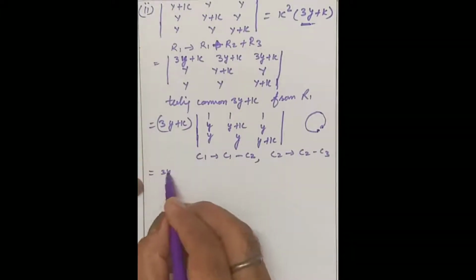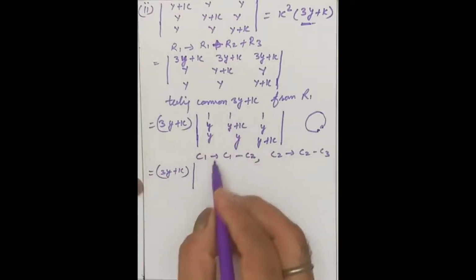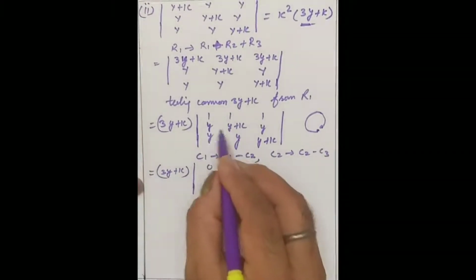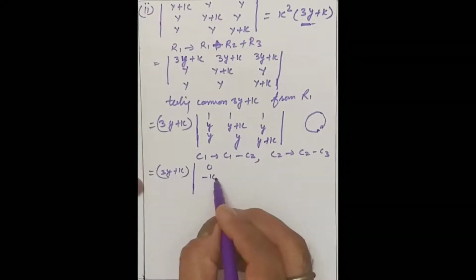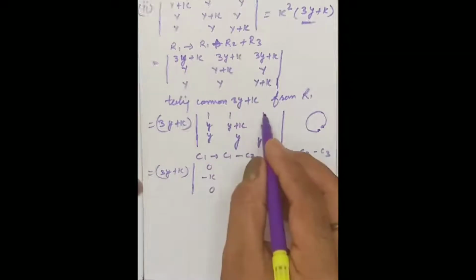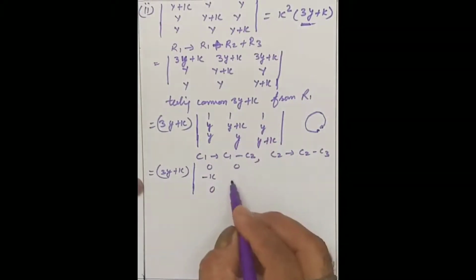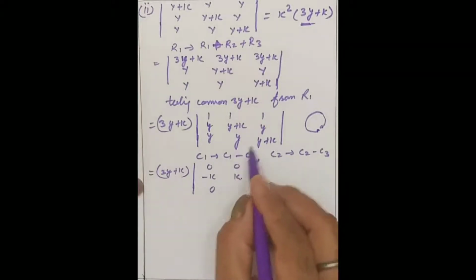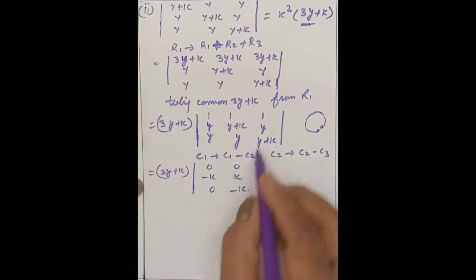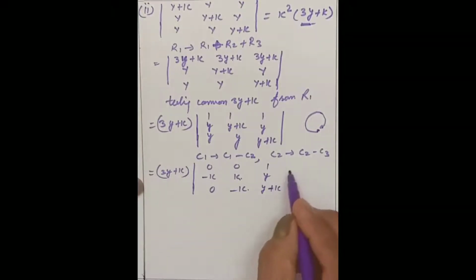So outside is 3y plus k, that is okay. Now C1 minus C2, 1 minus 1 0, y minus y 0, and then minus k, y minus y 0. Then this will change with the help of this one, minus 0, 1 minus 1. This y cancels, so k, and this cancels, so minus k. And then we have 1, y plus k remaining.